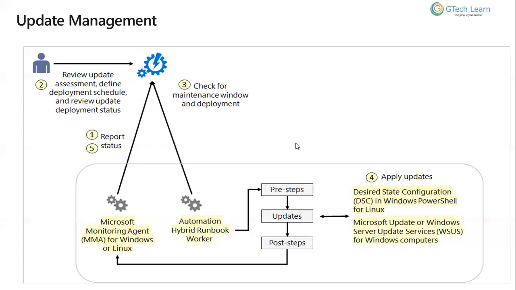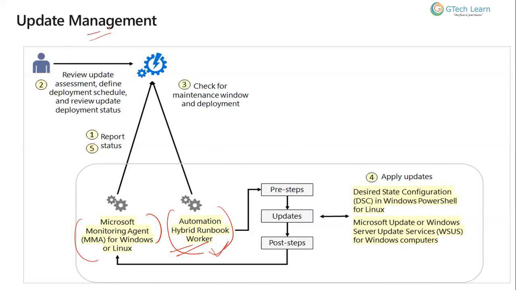What it will do is review the update assignment, and accordingly you can define the deployment schedule, review the updates, and automatically apply the updates by using the Microsoft Monitoring Agent for Windows and Linux. You can also create a hybrid runbook in order to automate the updates.